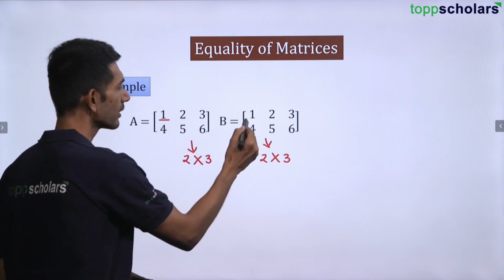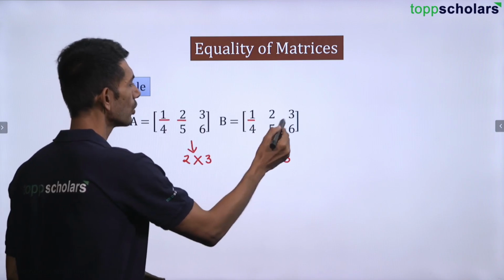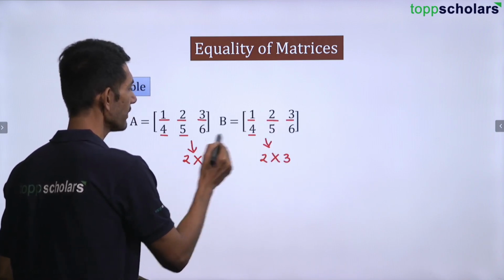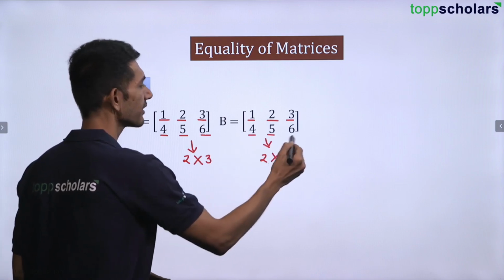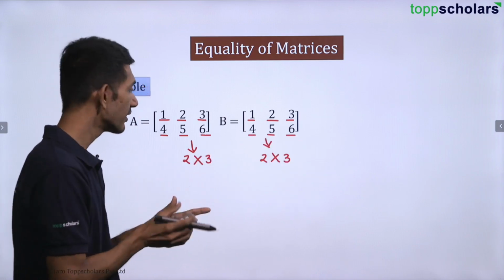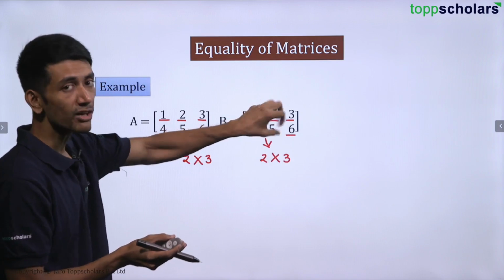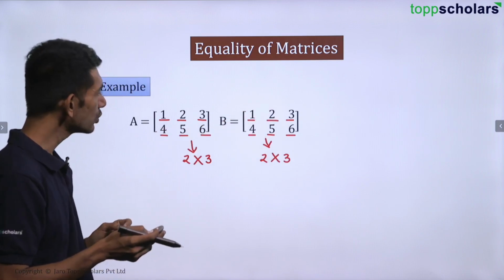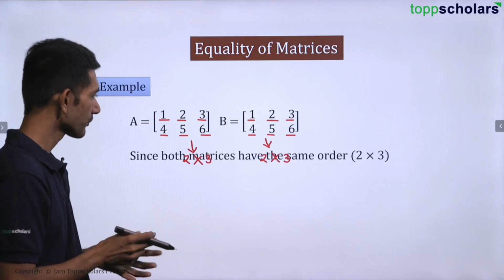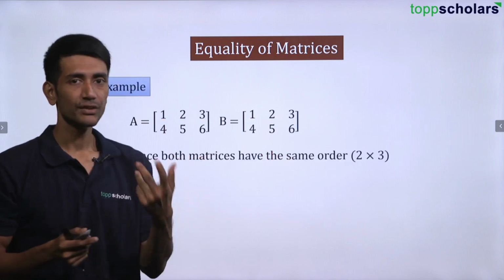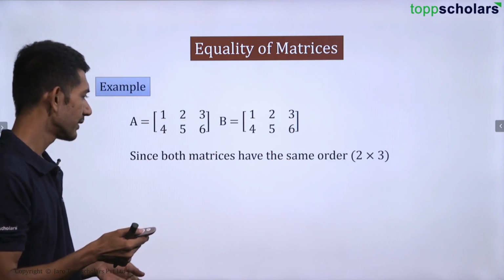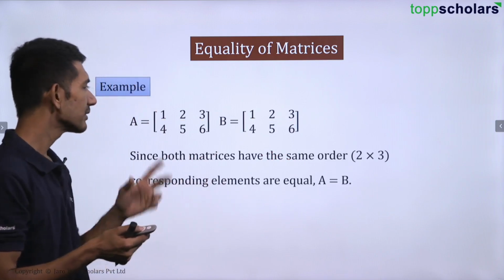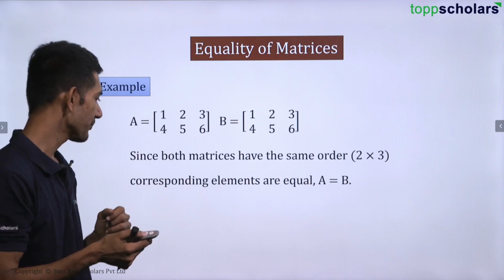Let us check 1, 1, 2, 2, 3, 3, 4, 4, 5, 5, 6 and 6. This is called corresponding elements. We cannot have the terms to be shuffled here. So yes, this is an example of two matrices being equal. Since both the matrices have the same order 2 by 3 and the corresponding elements are equal, we can say that the matrices A and B are equal, right?